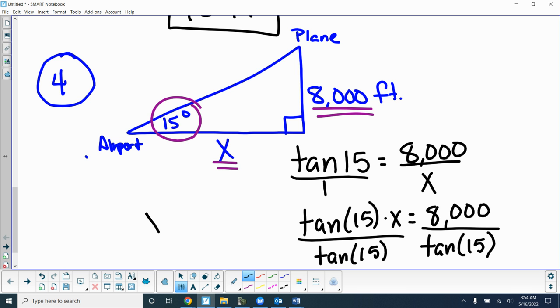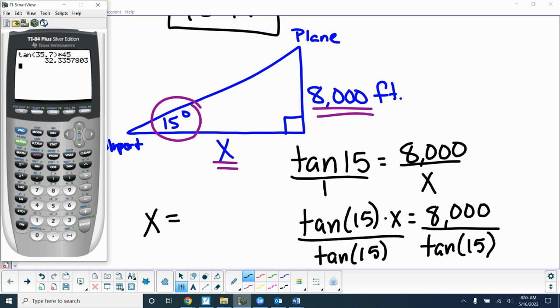So don't have to worry about any guy on the ladder, different height, eye level, or anything. Whatever x is going to be our answer this time, okay? So we go to our calculator and put in 8,000 divided by tangent of 15. So to the nearest foot is 29,856 feet.